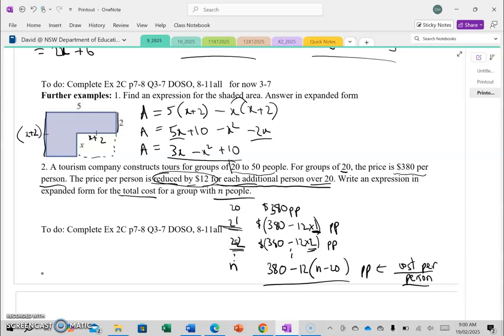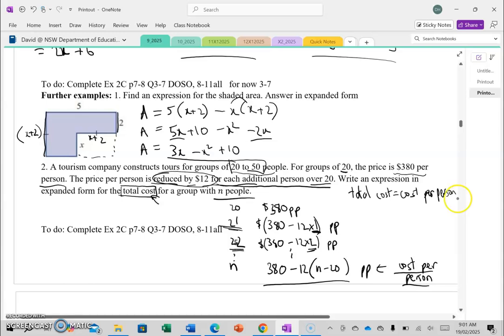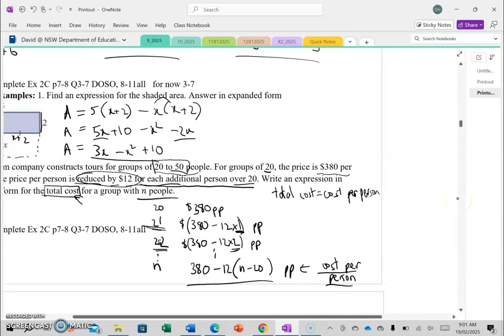Now obviously that's assuming that the people are 20 to 50 like it says in the question. Now, is that what the question's asking for? Write an expression in expanded form for the total cost for a group. So the total cost is going to equal the cost per person times the number of people.